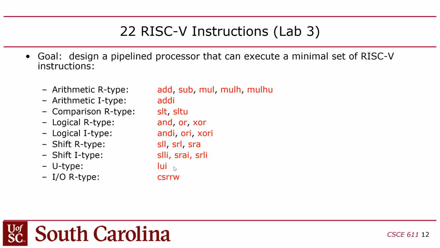And the same thing is true for multiply high unsigned, set less than unsigned, and, or, XOR, and then the immediate versions are also very similar, except they're taking the immediate value as the input instead of the contents of the second register.